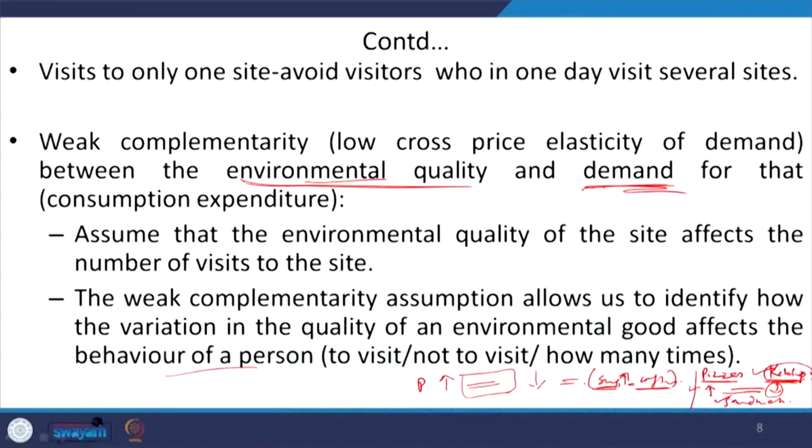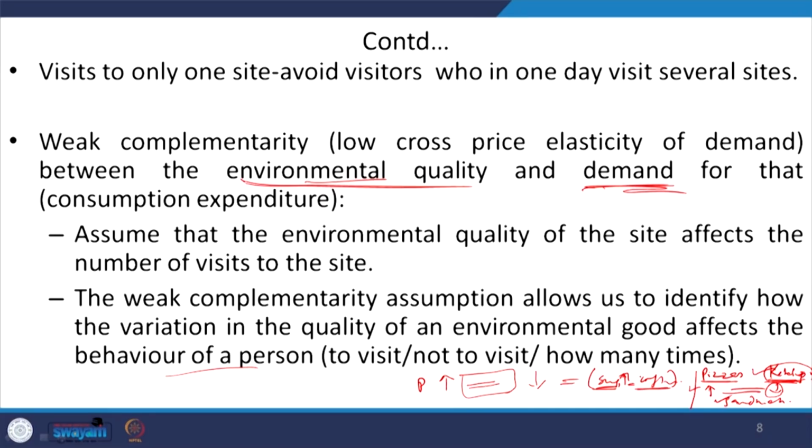Suppose earlier, when the quality of the environment was very good, the frequency of visits was very high. Maybe visitors were visiting 10 times a year to a particular marine beach when its quality was very good. But now the quality of this beach has been degraded, so people may prefer to visit less.